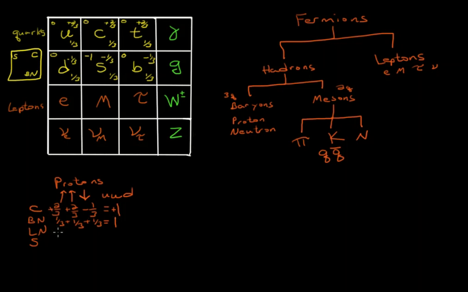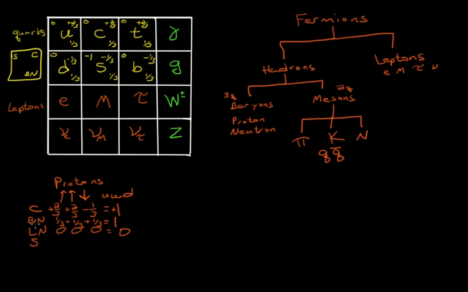A baryon number of 1, a lepton number. Lepton number is what these are. Leptons all have a lepton number of 1, unless they're anti-leptons, then it's -1. But these are not leptons, so they don't have any lepton numbers, so it's 0.